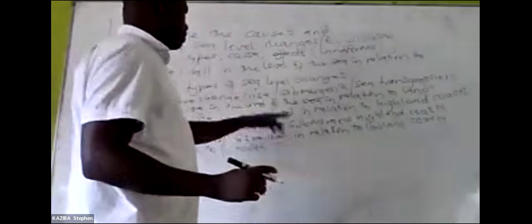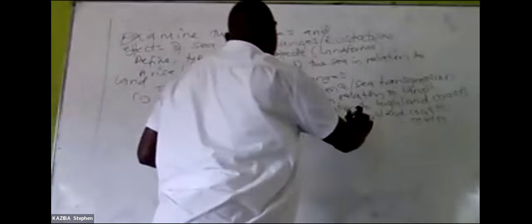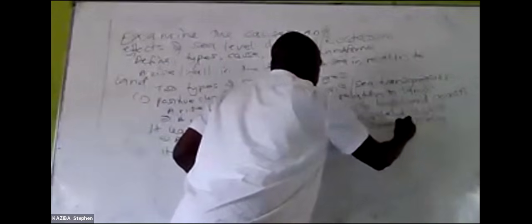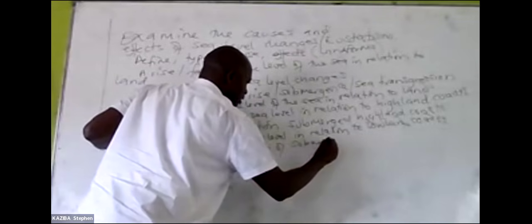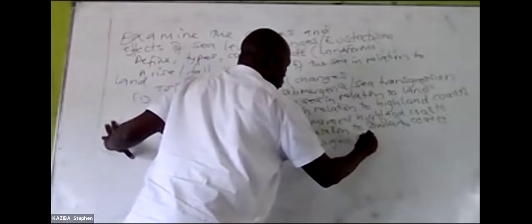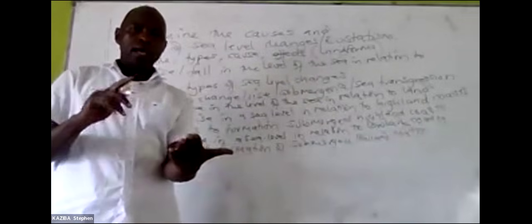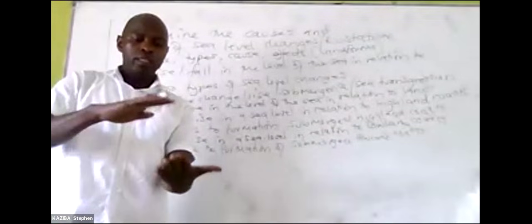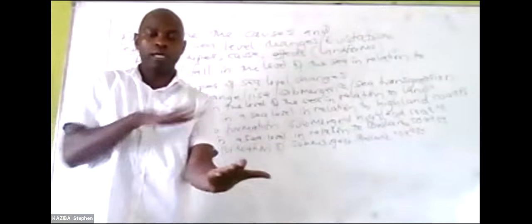In relation to lowland coasts, this is the formation of submerged lowland coasts. In other words, if the water level rises and the neighboring area is a highland, then the coastal features around will be covered by water.